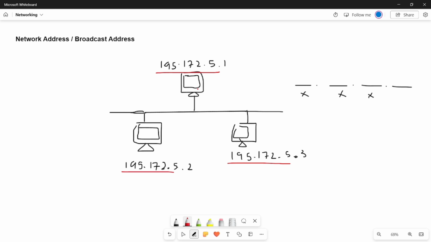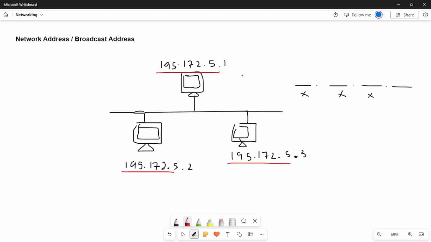When computers contain the same network ID, we can say they are in the same network, and they can be connected to each other. If the network ID is the same for all computers, then all these computers are in the same network.